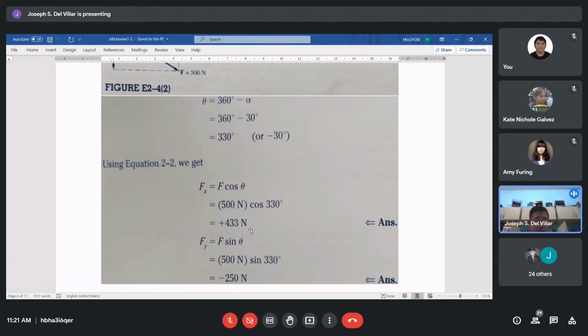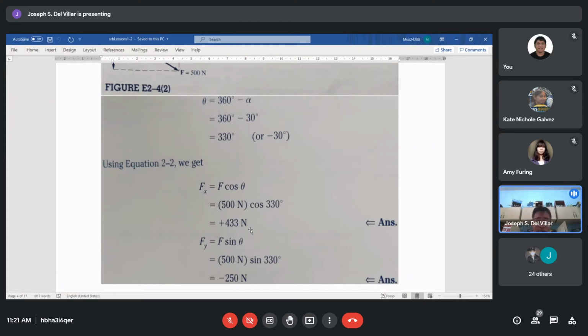Now similarly, the y component is 500 sine 30. Negative 500 sine 30 because sine in the fourth quadrant is always negative. So that is why you have there negative. And 30 degrees is pi over 6 radians. And the sine of pi over 6 is 1/2.